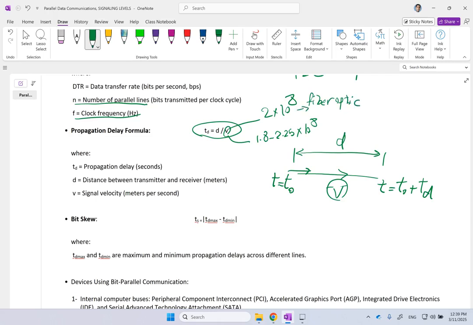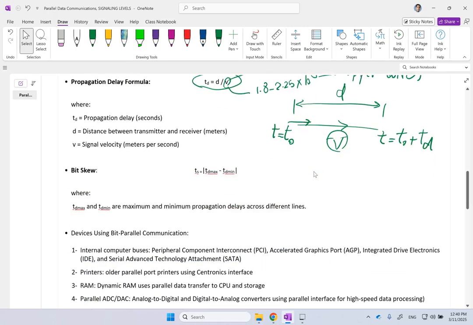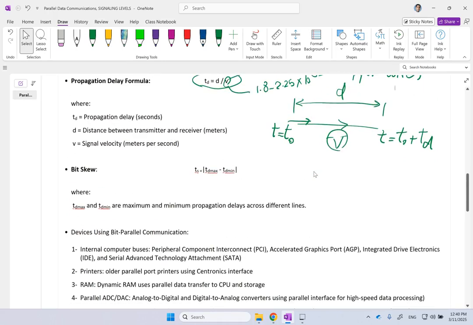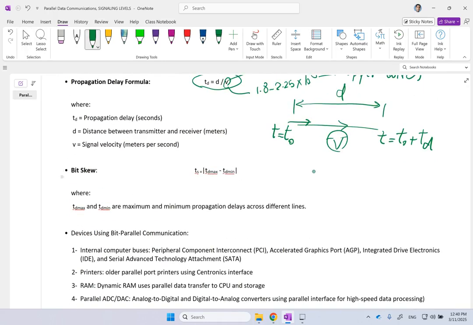And this is in copper wires. So still, there is some delay, although it could be in microseconds or milliseconds or something, but it is something that should be considered. And that is very important in this next formula called the bit skew.